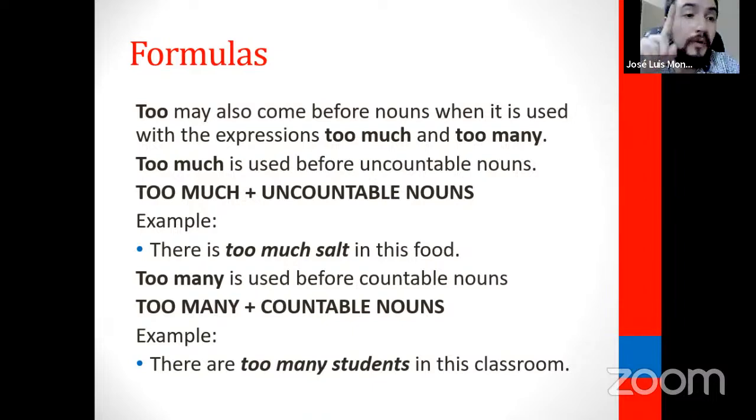All right, good. Now, look, grammatically speaking, the sentences are great, all right? But in terms of meaning, if you want to use that in real life, it's not going to be the best option because remember, if we use too in affirmative, the meaning is always going to be kind of negative, or at least exaggeration. Right? For example, if you say there's too much salt in food, that's negative.